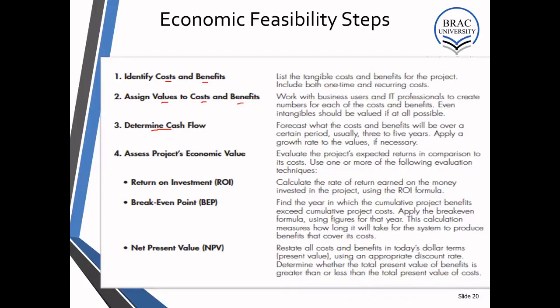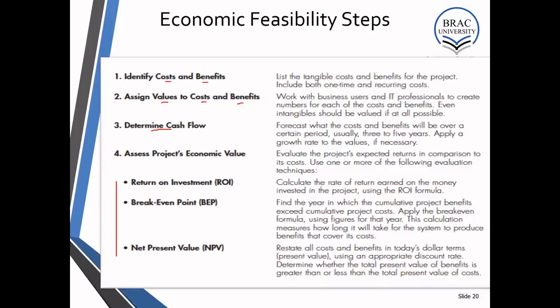Then we should assess the project's economic value. The project's economic value usually depends on three terms. First is the return on investment: investing how much money, what is the return on that. Then the break-even point. The break-even point indicates the exact point from which you are getting profit.